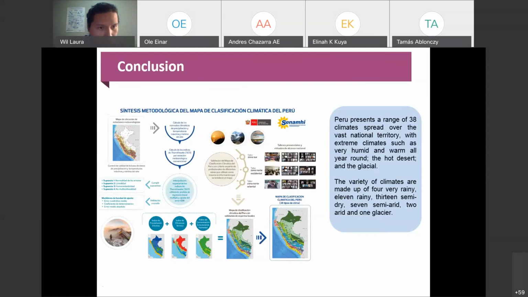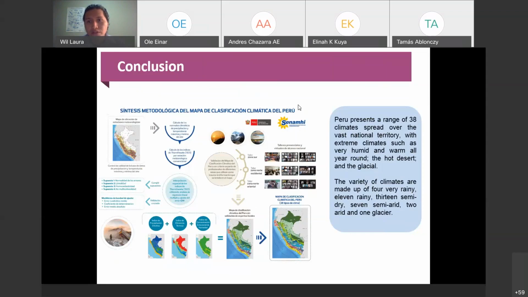Then we estimate the function of the statistical model. Then we estimate the values for the entire country using the technique of map algebra, to finally make the validation with the specialists over all the country to get this map.